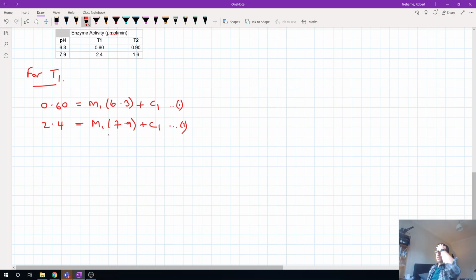So what I'm going to do here is, from equation 1, c1 is equal to 0.6 minus 6.3 m1. Let's substitute that into 2.